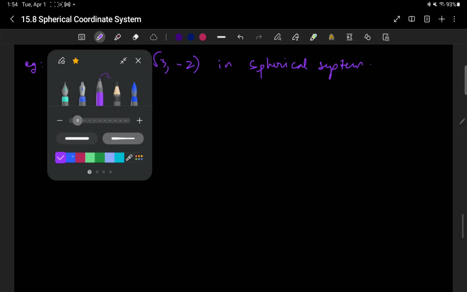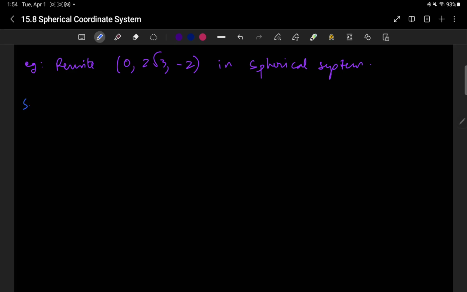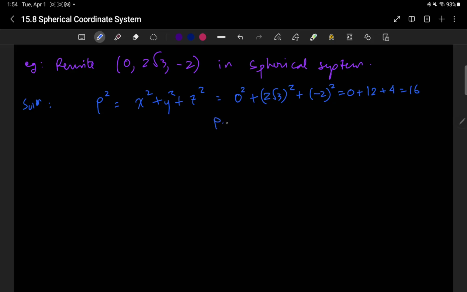Okay, so the first thing we will do is, since we have all 3 coordinates, we know rho squared is x squared plus y squared plus z squared. So this becomes 0 squared plus root 3 squared plus negative 2 squared, which is 0 plus 12 plus 4, which is 16. So this is 4, only taking the positive because it's a distance from the origin and won't be negative. So we get rho.